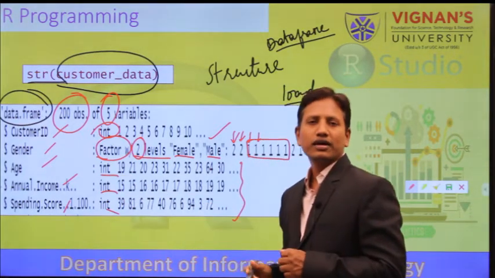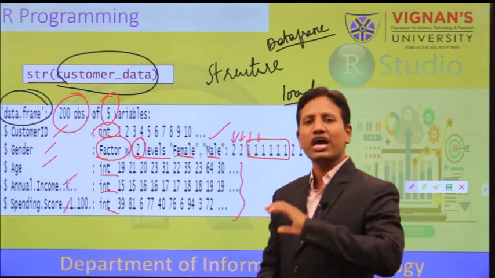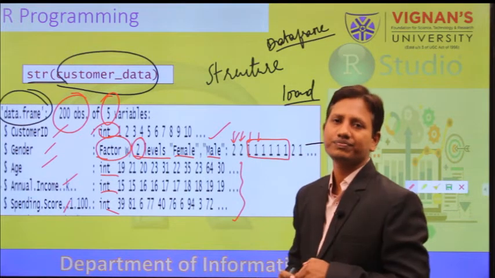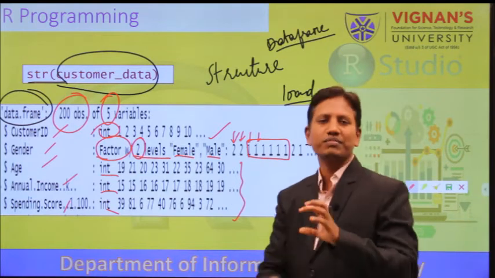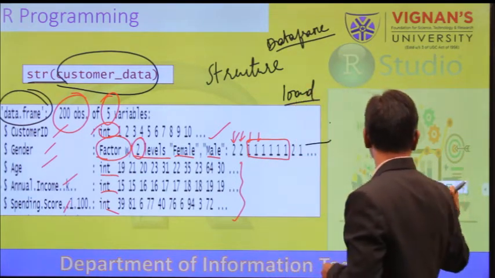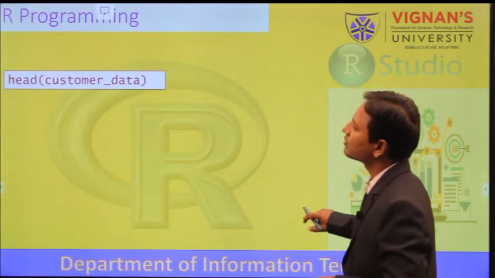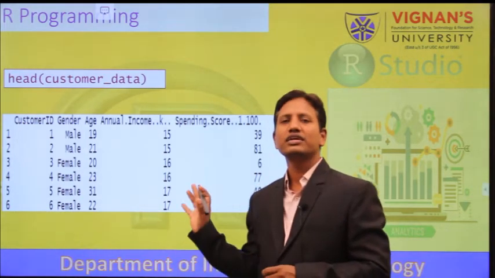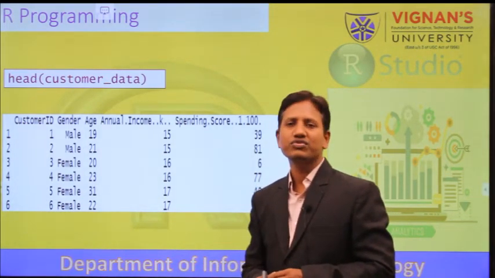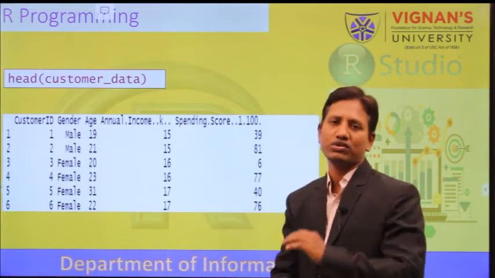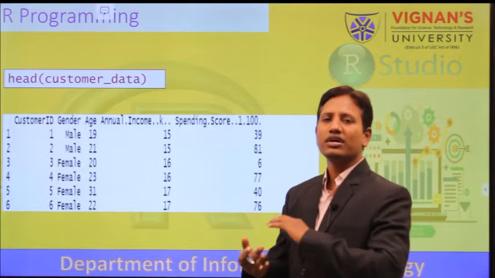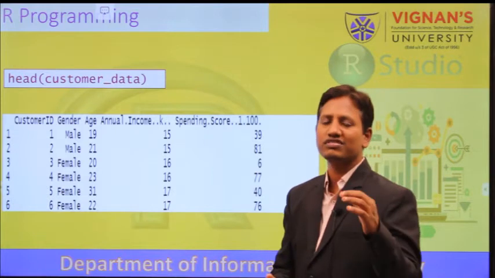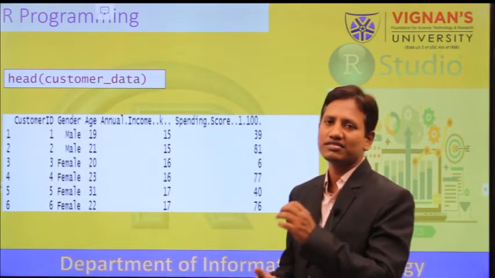So while doing this data analysis, first we have to load the data. After loading that, we have to see the structure of the data. The structure is going to give us much information. And we have already learned how the head function and tail function work. Head returns the first 6 records and tail returns the last 6 records.